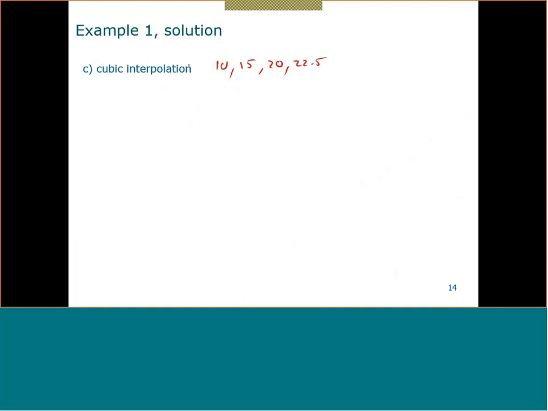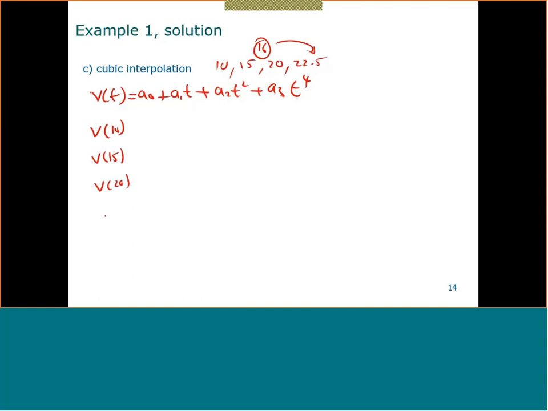So this is the 4th closest point to the 16, and you can figure out now that your V of t is equal to A0 plus A1 of t plus A2 t squared plus A3 t to the power 4. Okay, so I need 4 equations to solve this. So I need to substitute V of 10, V of 15, V of 20, and V of 22.5. So I will end up having how many equations? I will have 4 equations.